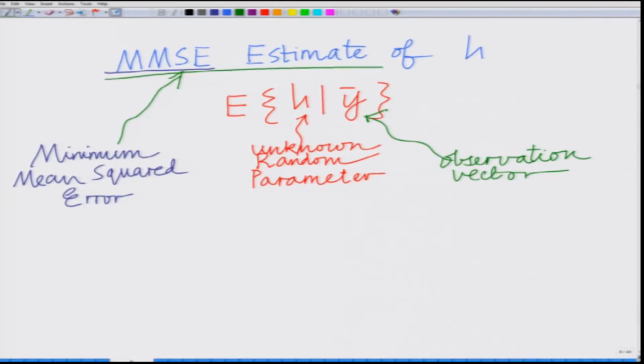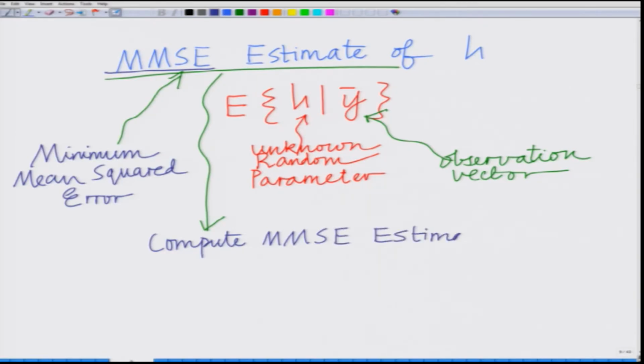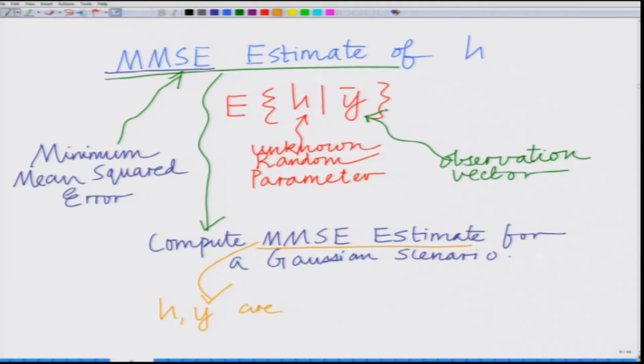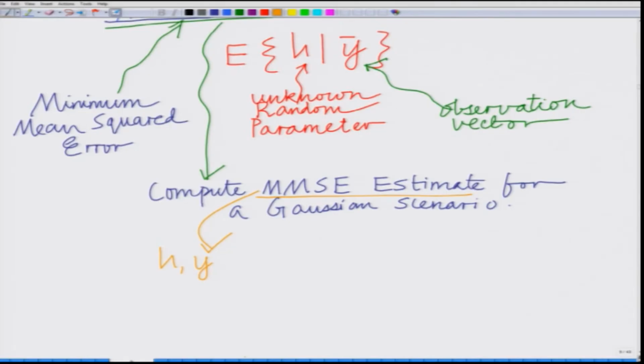So, we want to see what this MMSE estimate looks like when the parameter h and the observation y, and we are considering a single observation y, are jointly Gaussian.